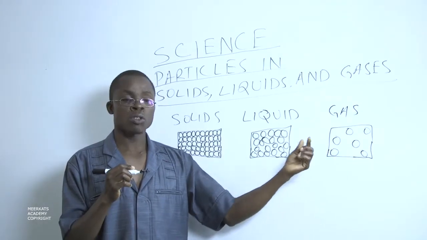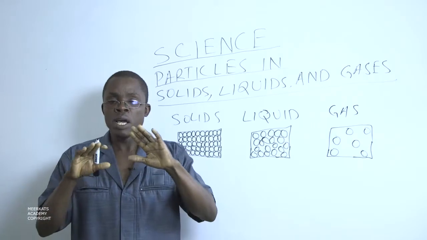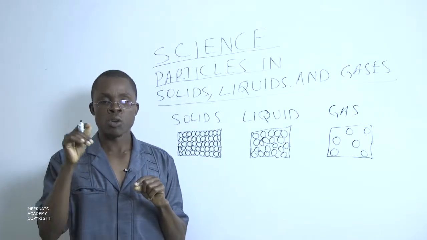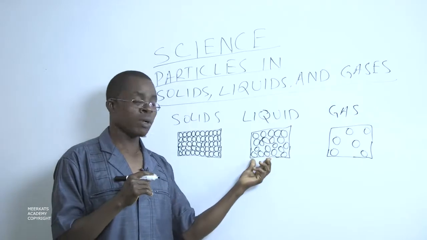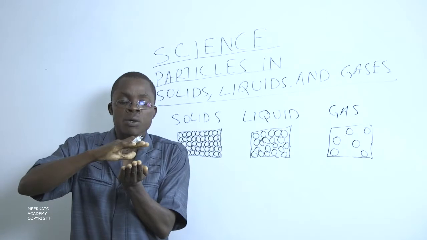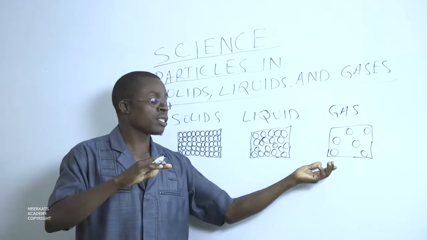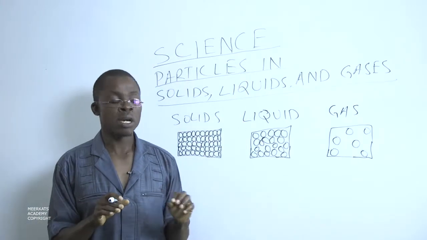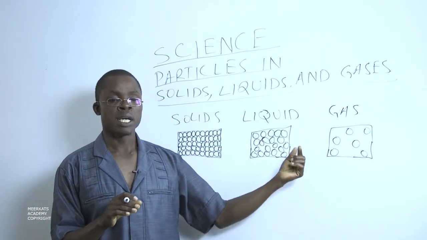This makes the particles move and cover every part possible for the gas particle to reach. For the liquid, it will only occupy up to the level where the liquid can reach. But for the gas, they will always move to all parts of the container where the gas is being held.